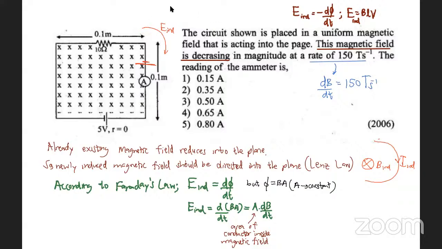From this we can find out the area of the conductor inside the field. It is going to be 0.1 into 0.1, 0.01 meters squared. Let's finish it off.